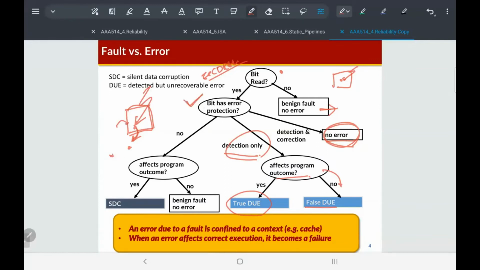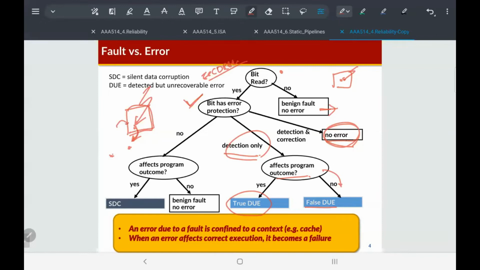Also, these bit flips or data changes may not be protected, so they're not detected. These faults can change the outcome of our applications, or they may not be harmful.